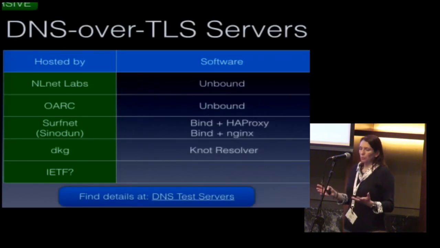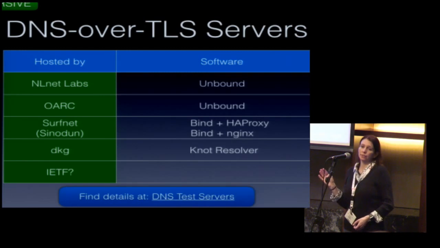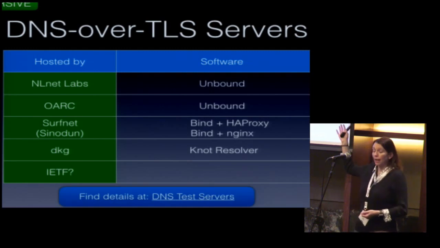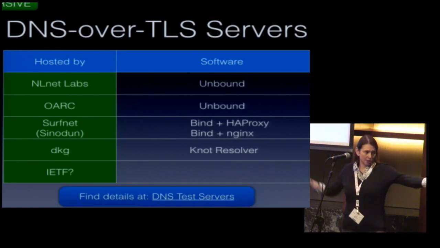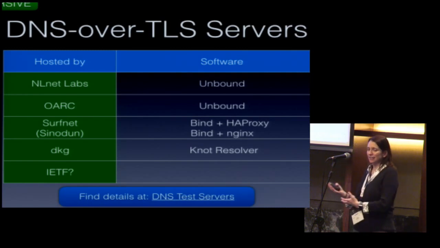So to talk about what's deployed and what's actually out there, there are a handful of test servers available today that are up and running to start on getting operational experience at how you do DNS over TLS. So NLnet Labs are running one, OARC are running one, there are a few hosted by SURFnet, and DKG, the man, has put one up there. And so these are there to start doing activities.